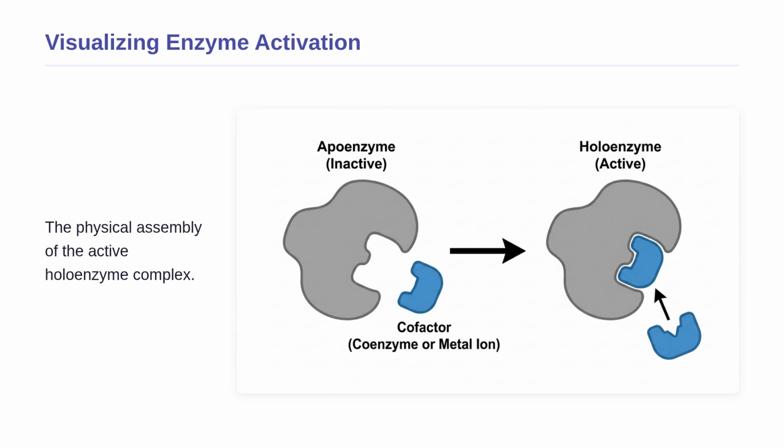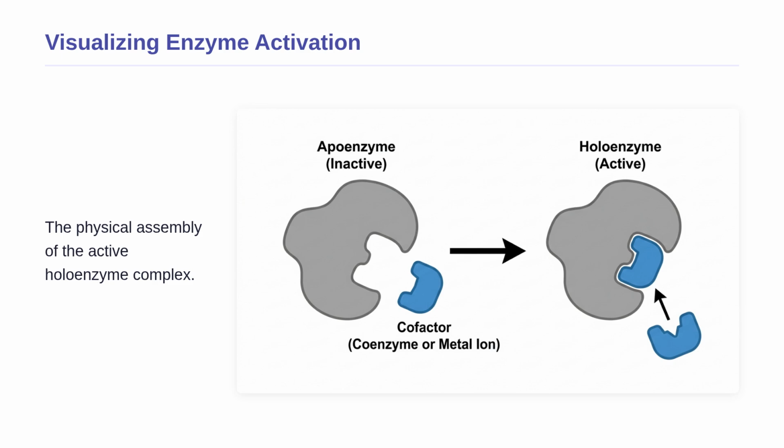Before we move on to the mathematics of how this works, let us visualize this assembly process. On the screen, you can see a clear schematic of what we have been discussing. On the left is the apoenzyme, shown in gray. Notice its empty binding pocket. It is completely inactive. Next to it is the blue cofactor.